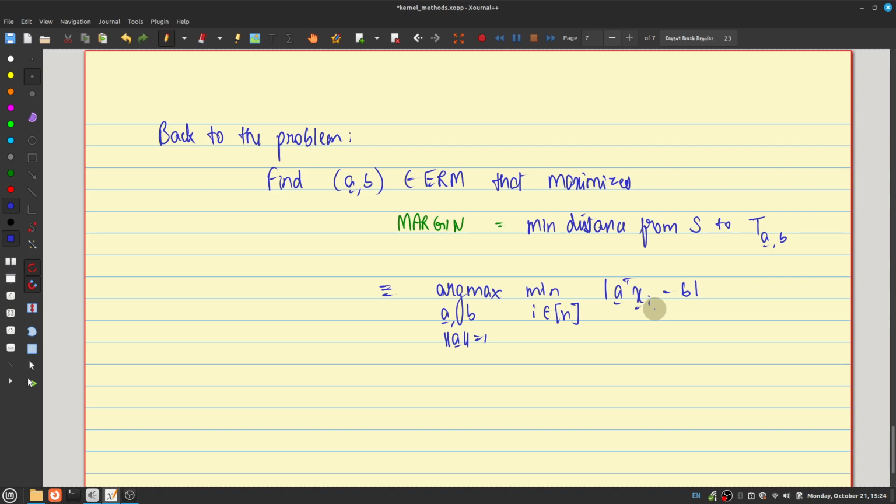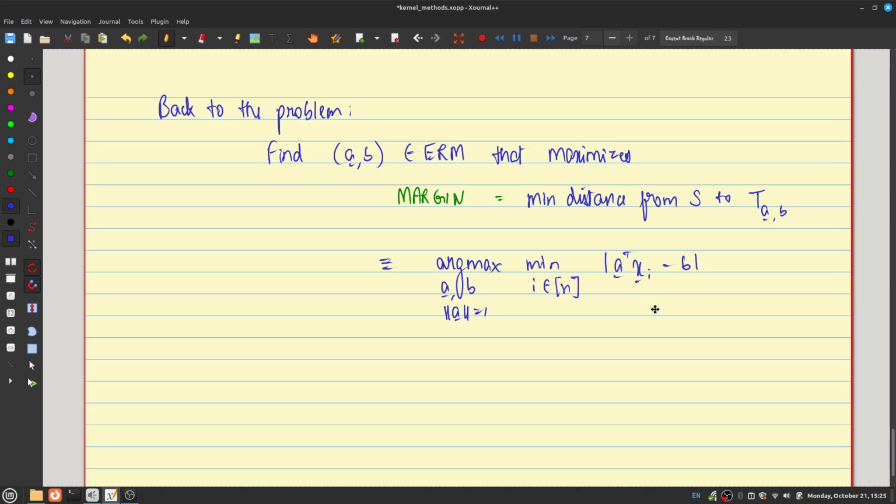And I can't just choose any A, B that satisfies this; it should also classify things correctly, such that yi times A transpose xi minus B is greater than 0 for all i.